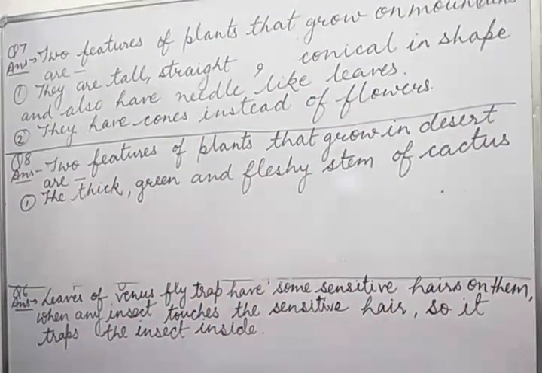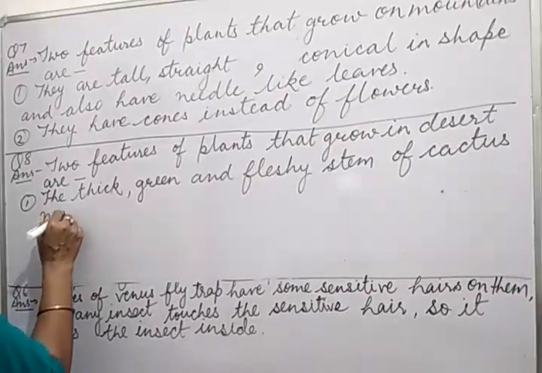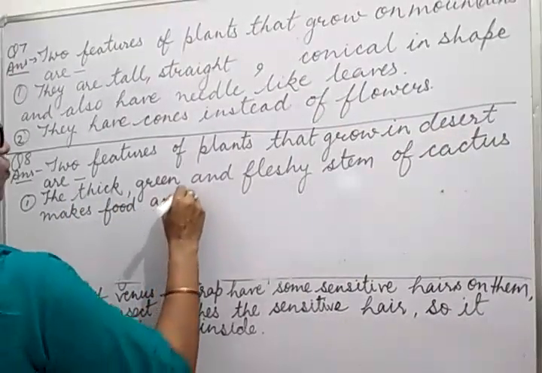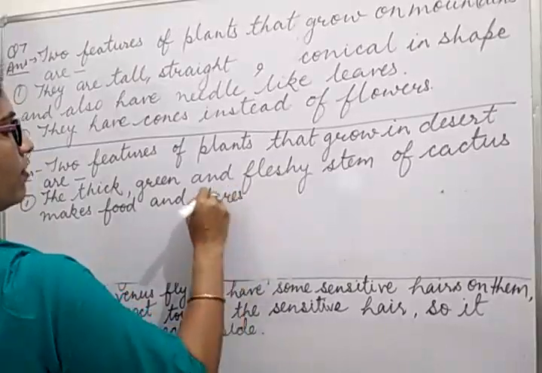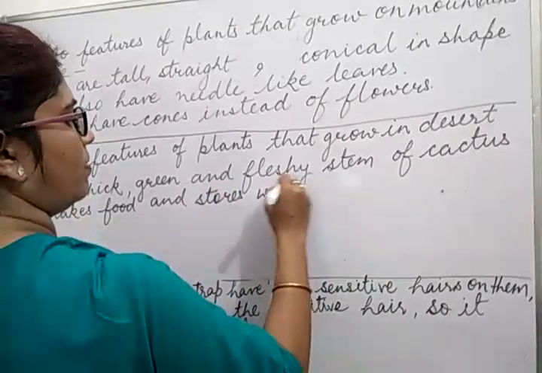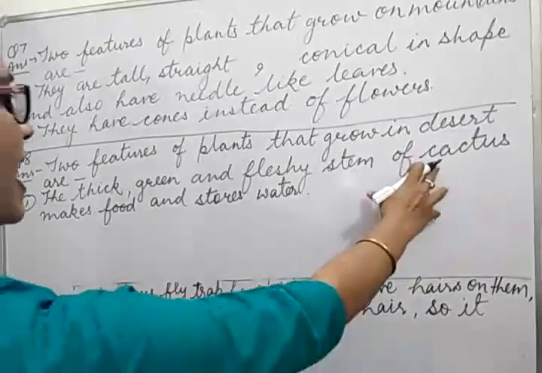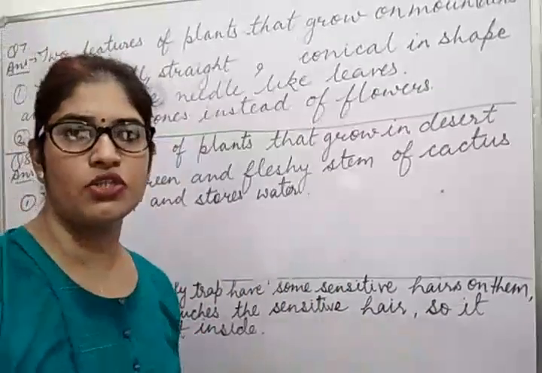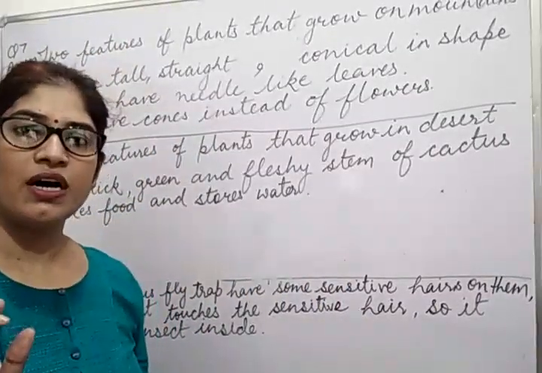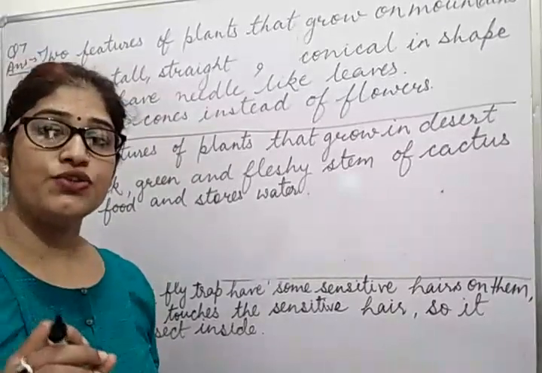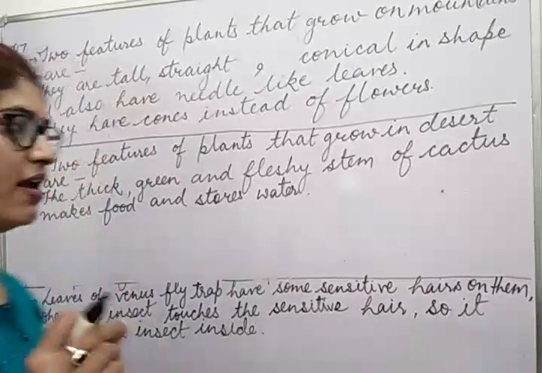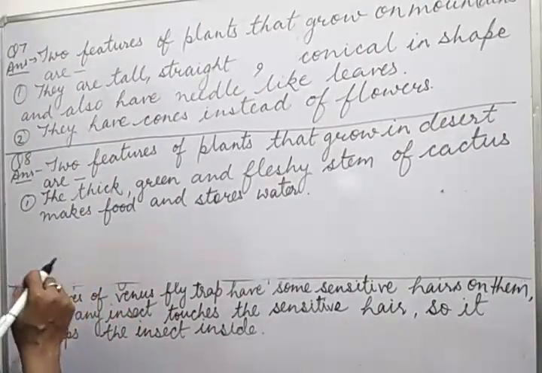The thick green and fleshy stem of cactus makes food and stores water for the plant. So this is the first feature of cactus which grows in desert, the thick green and fleshy stem. The leaf which you are looking at now, they are not leaves, they are stems. And the spines which you are looking at, they are working as a leaf, okay, and they help in reducing loss of water.